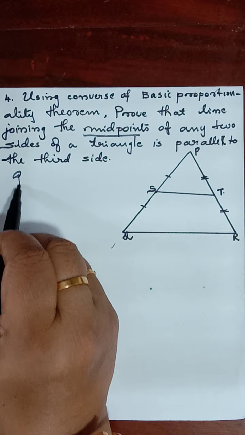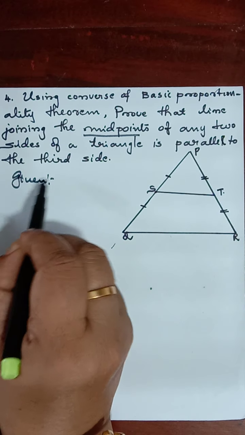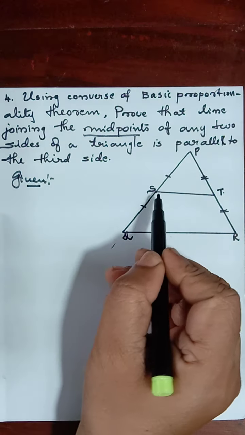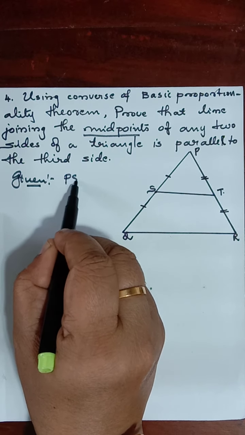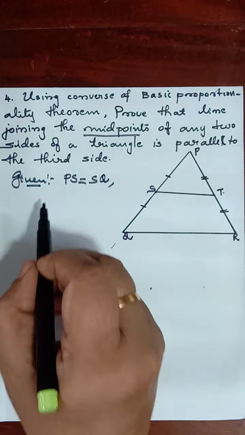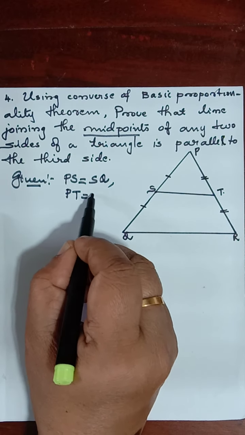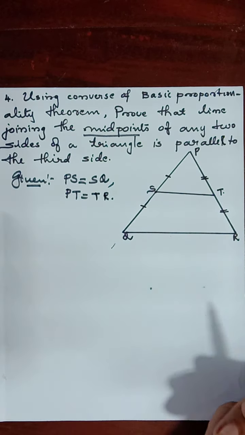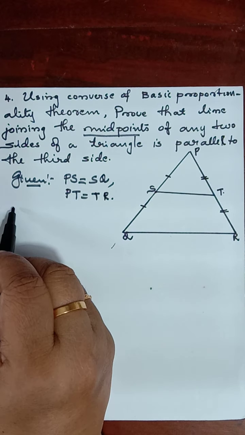So what is given now? Let us write given. That is S is the midpoint. Mathematically I am going to write PS is equal to SQ. Similarly on the other side, PT is equal to TR. These are the 2 points given to us. What is to prove?